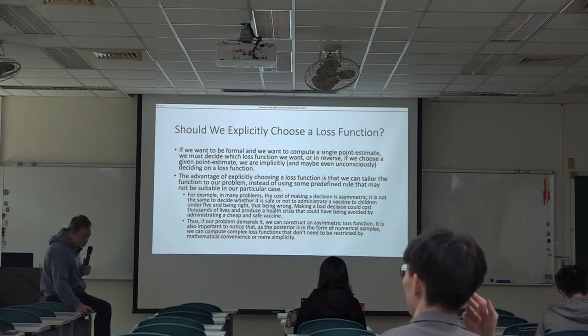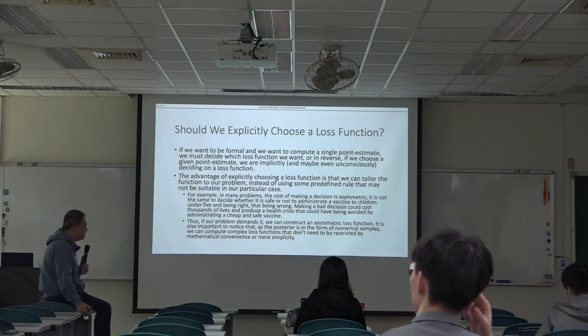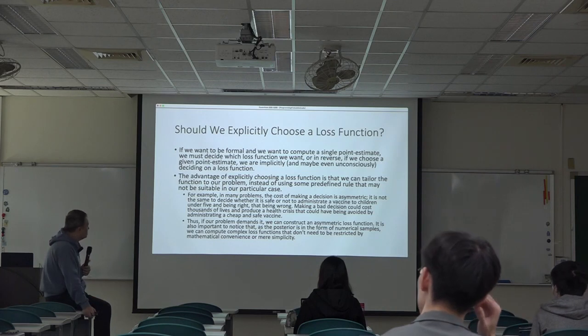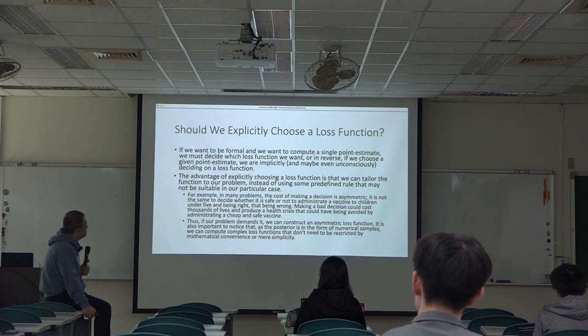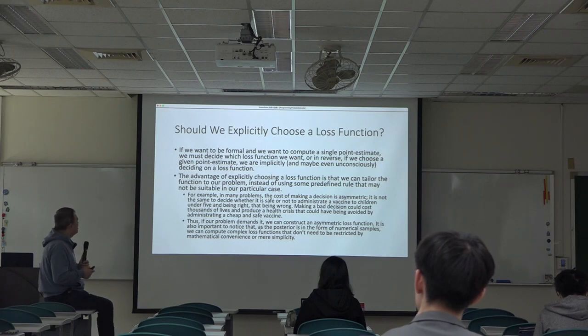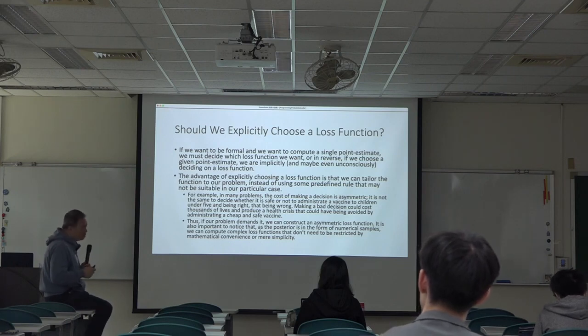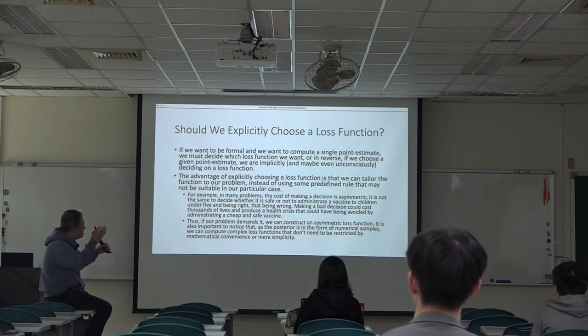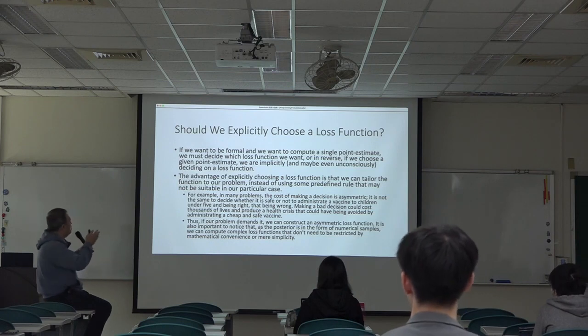So, having said that, we talked about those two different loss functions as examples. Should we explicitly choose a loss function? If we want to be formal and compute a single point estimate, then we must decide which loss function we want.